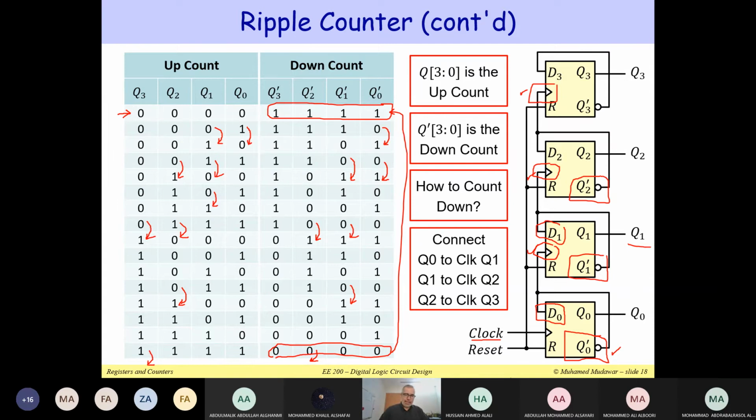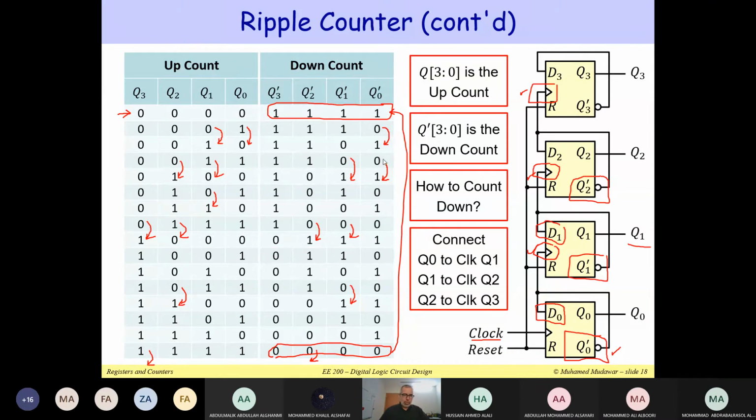In the textbook, he's using a negative edge connected to Q0. I'm using a positive edge and connecting to Q0 prime. And you will find that in different textbooks written by different authors, everyone does it differently. You can use Q0 prime.